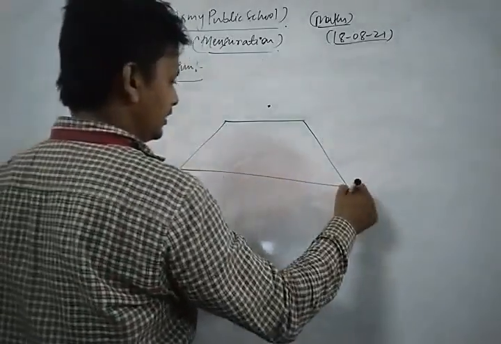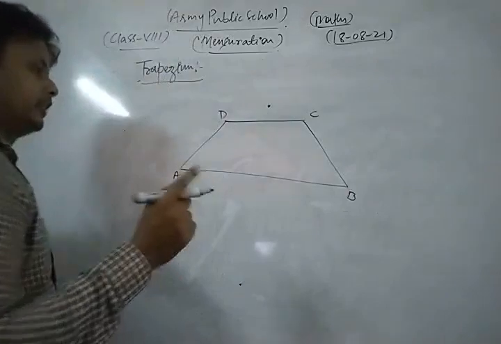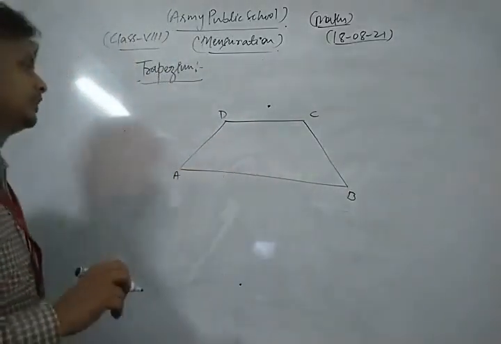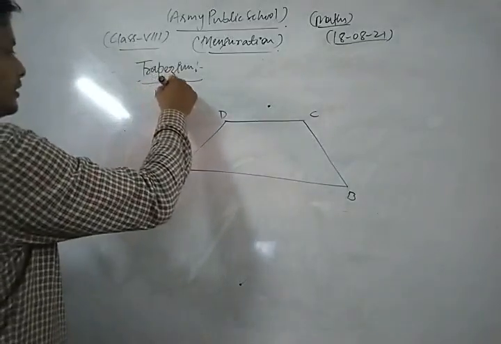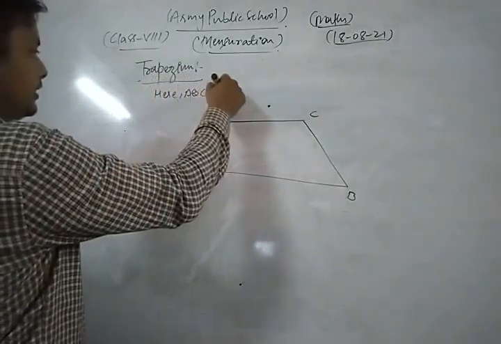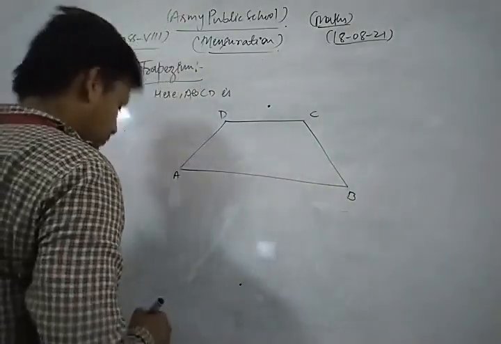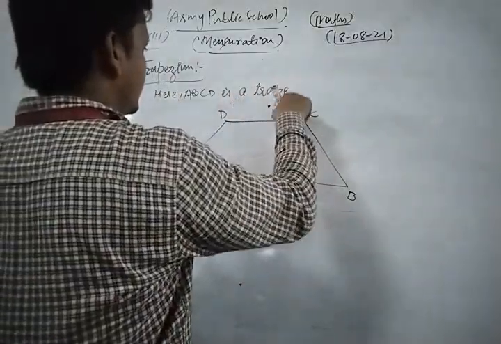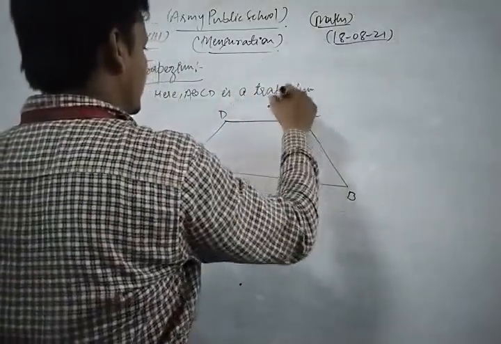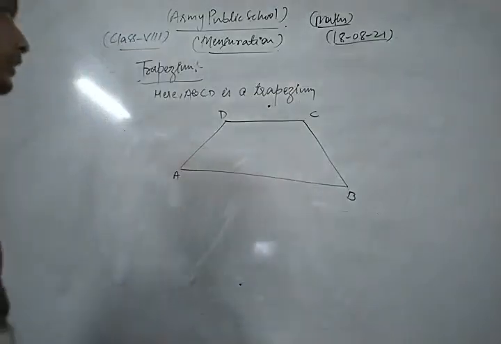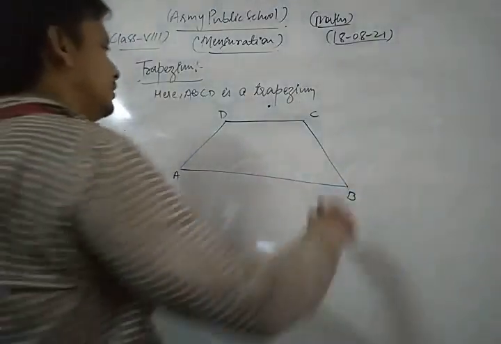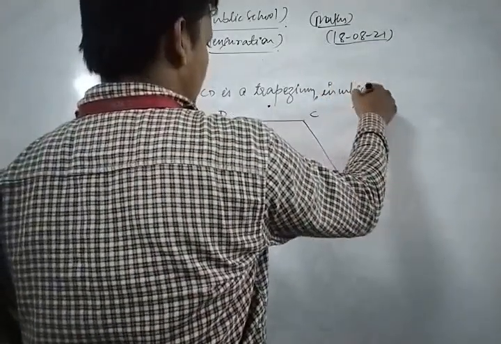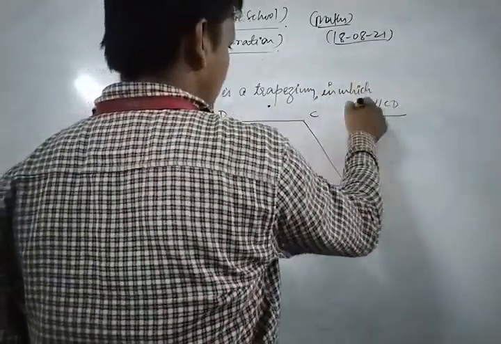This is A, B, C, D. One pair of sides is parallel and the other two are non-parallel. Here ABCD is a trapezium in which AB is parallel to CD.